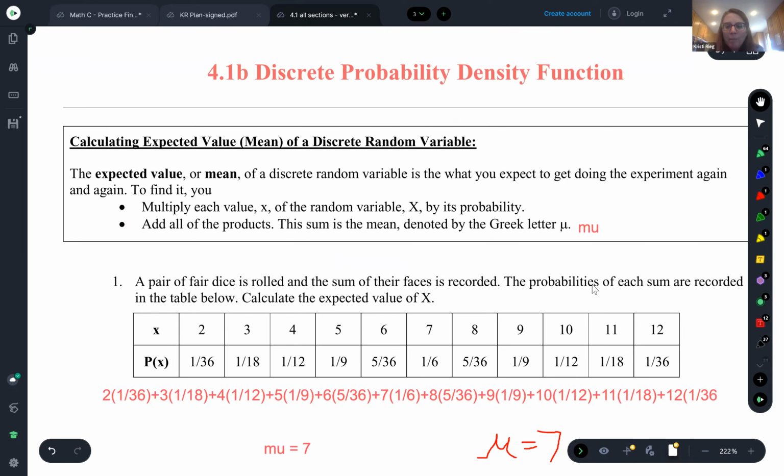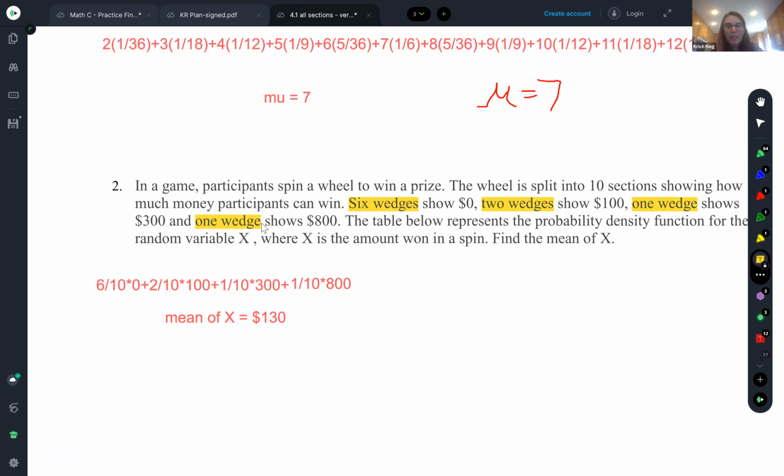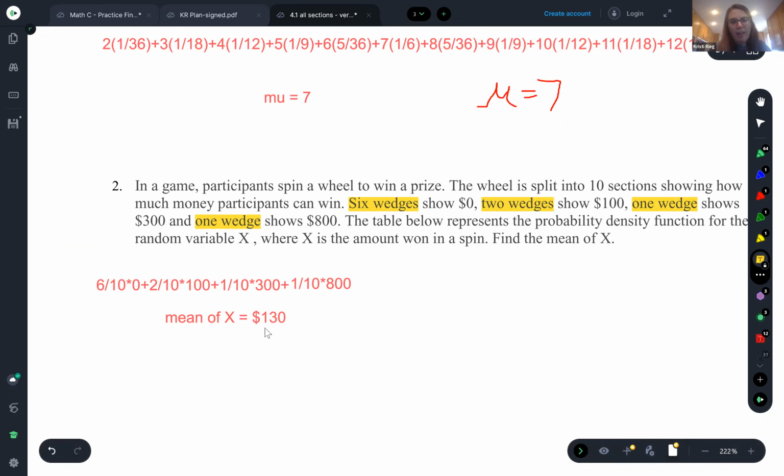In this problem, we had the probability: 6 out of 10 wedges gave me a 0, 2 of the 10 wedges gave me 100, 1 out of 10 wedges was 300, and finally, 1 out of 10 wedges was 800. So it's the probability times the amount. You multiply probability times the amount for everything, add it all up, and that will give you the final answer.